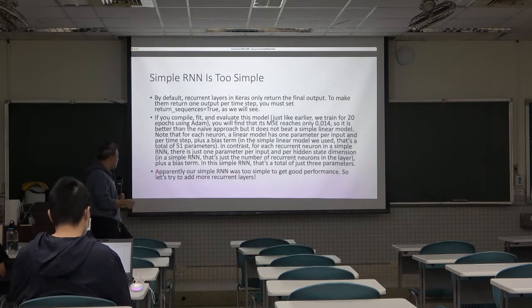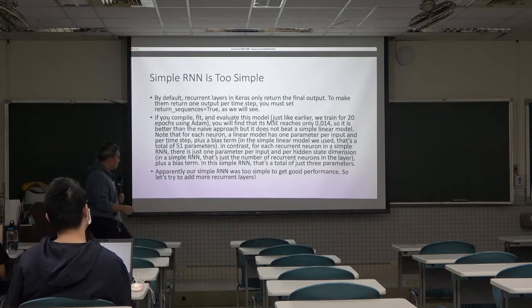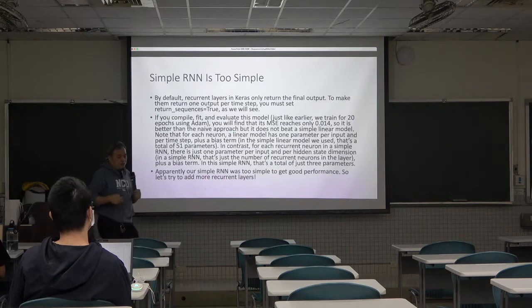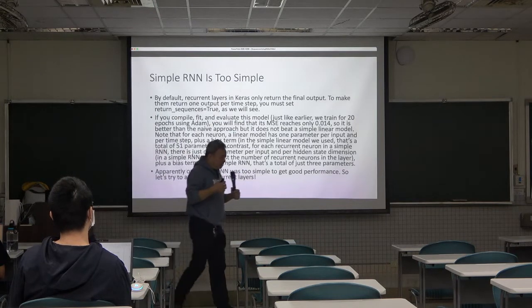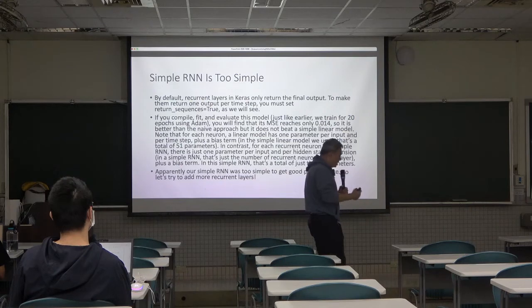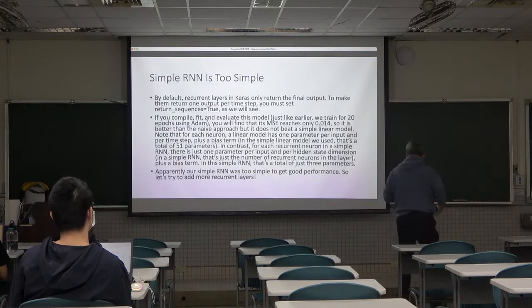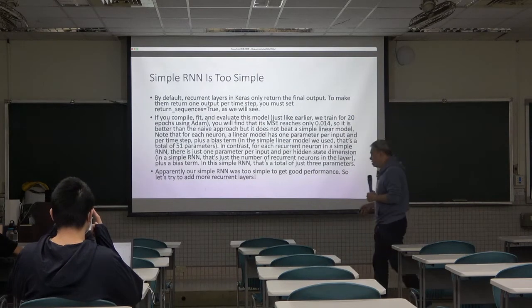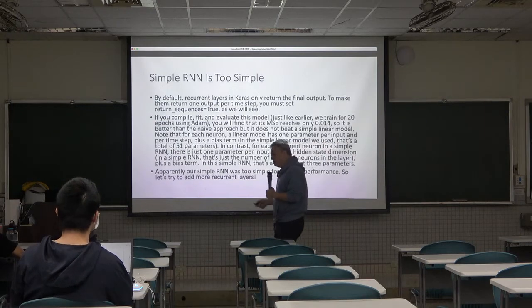So let's try to add more recurrent layers. The first thing we could do is add more layers. If you want, we can add more neurons per layer as well.